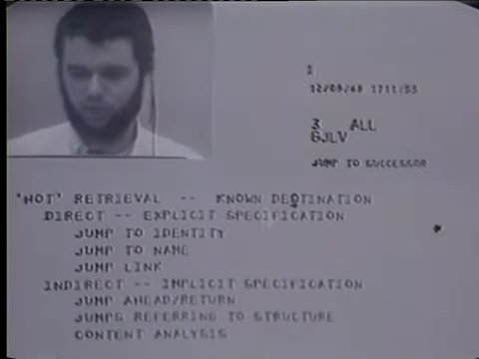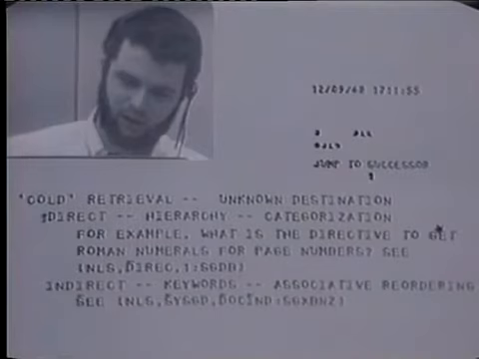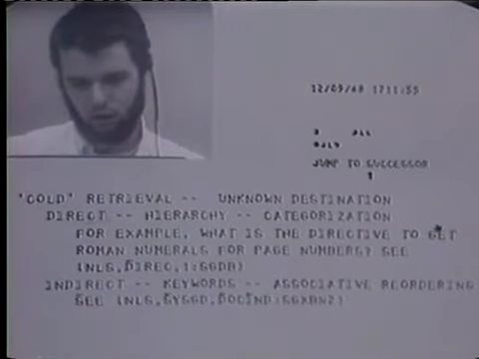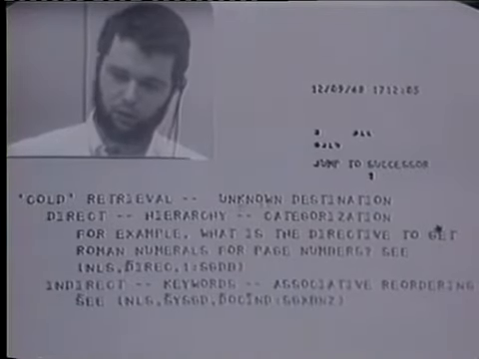the other main branch of retrieval that we're talking about. Here again, I've broken it into direct and indirect. This is the case where the destination is unknown. By this I mean you don't know where the information is, but you're able to describe it, or you know enough about it that you can find it either in a hierarchy or by describing it with keywords.